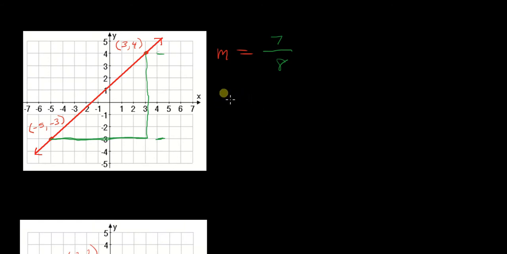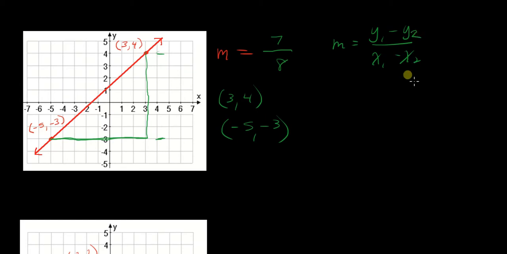However, what if you were just given the points and no graph? So you're just looking at these two points here, and you have to figure out the slope with no picture to look at. Well, that's where we use our formula. Just take one y minus the other and one x minus the other.